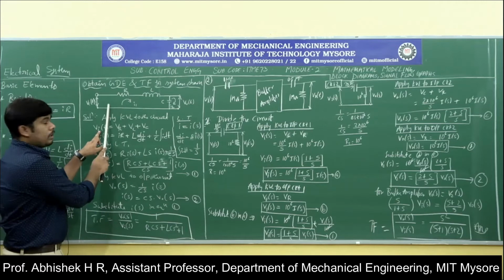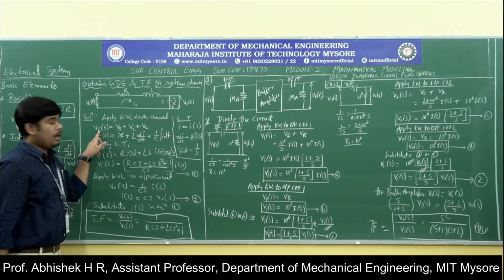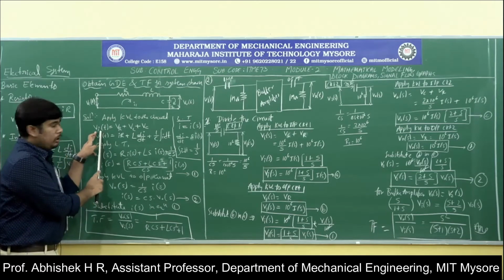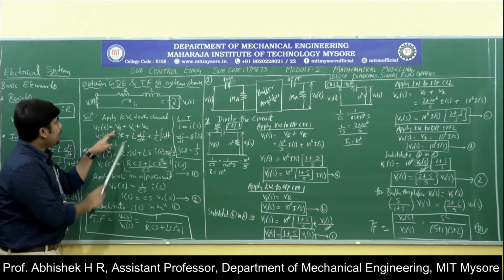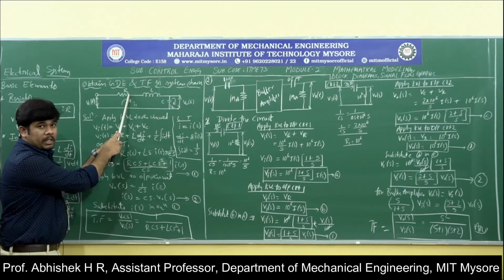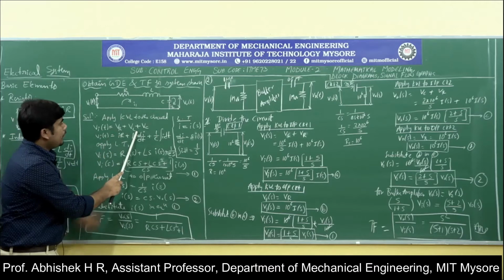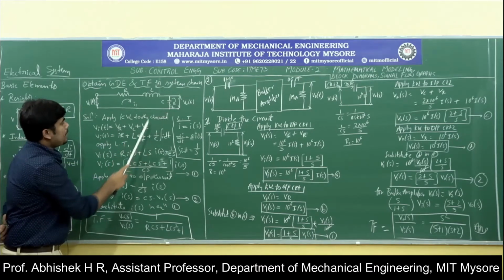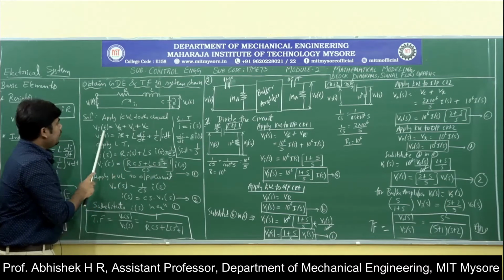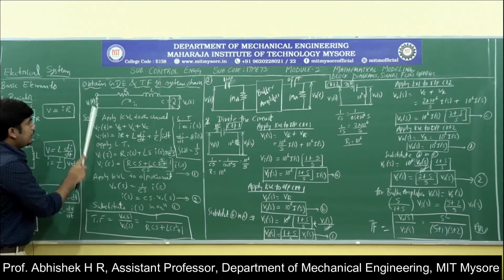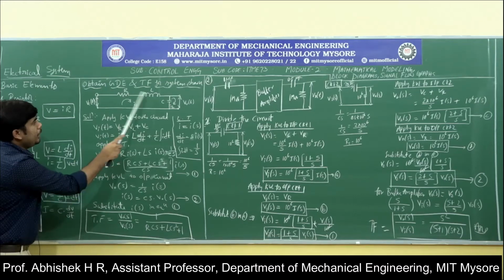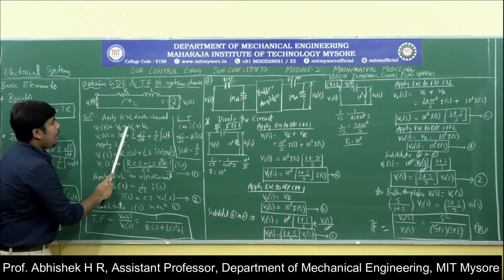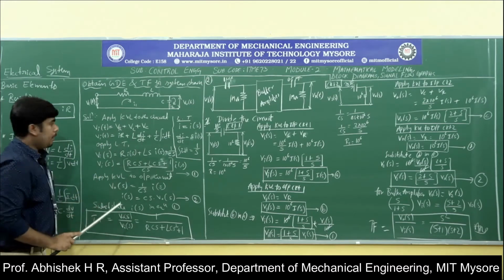So here the input voltage Vi(t) is equal to the voltage of resistance VR, plus voltage of inductance VL, plus voltage of capacitance VC.